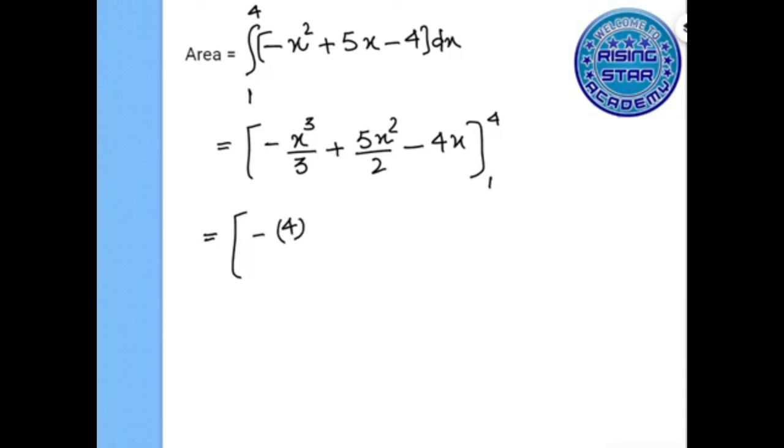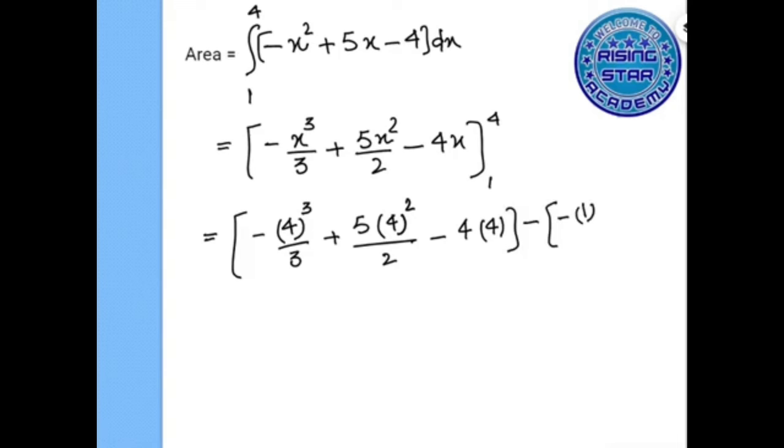So minus 4 to the power of 3 over 3 plus 5 into 4 to the power of 2 over 2 minus 4 times 4, then negative sign, and lower limit minus 1 cube over 3 plus 5 times 1 squared over 2 and minus 4 times 1.